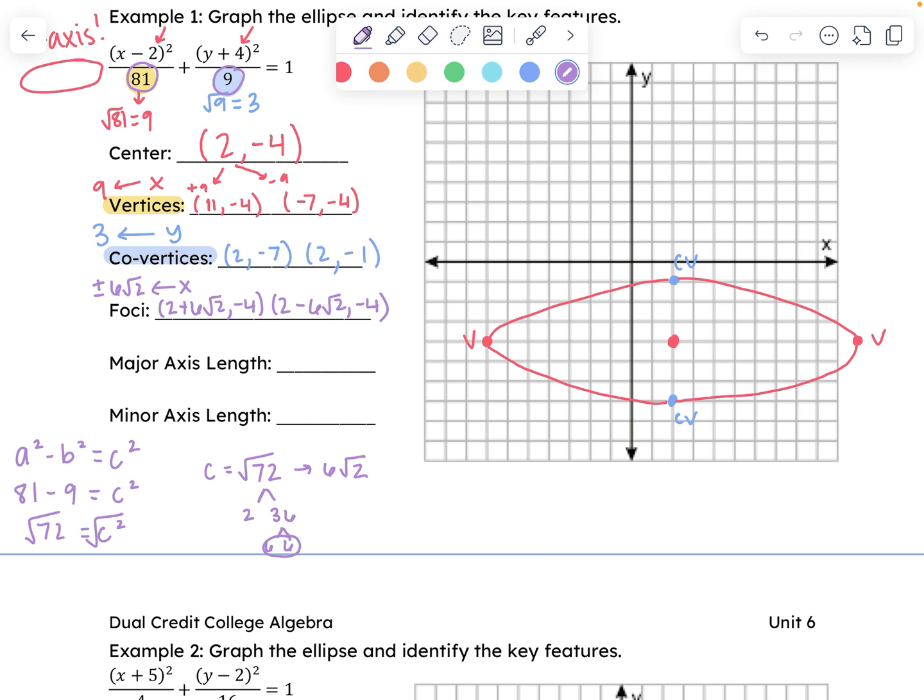So it's going to be somewhere in between 8 and 9, probably a little bit closer to the 9. So 2 plus 8-to-9-ish is going to be real close to our vertices. You also can just use your calculator and do 2 plus 6 square root of 2 and get a decimal approximation if you would like. And that's our foci.